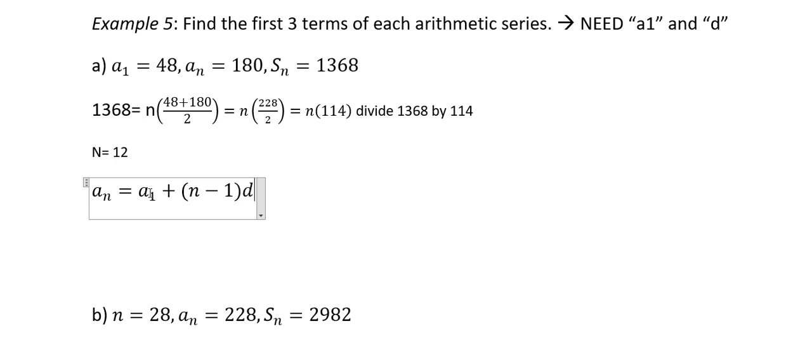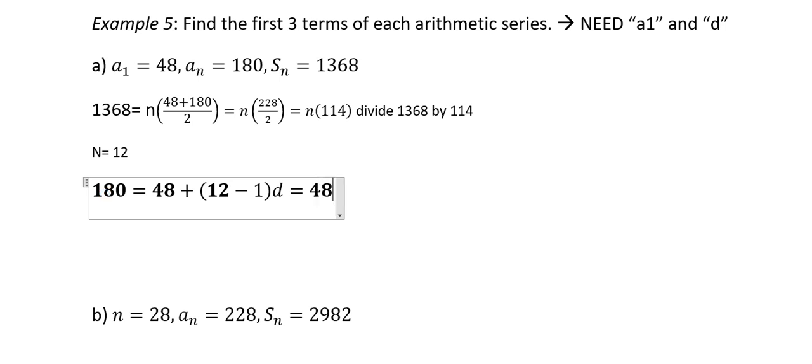We know a sub 1, we know n, and we're going to look for d. So a sub n is 180, a sub 1 is 48, n is 12, and we can solve for d.